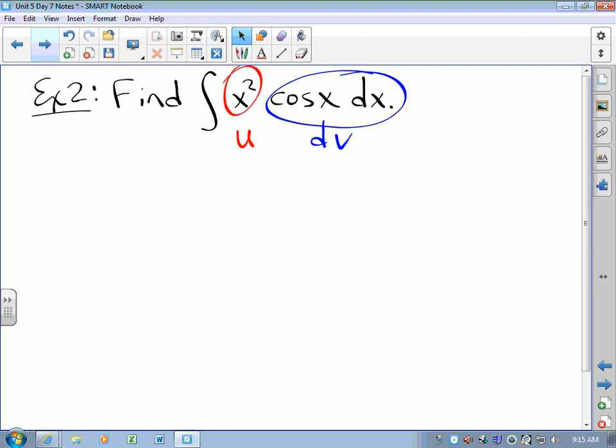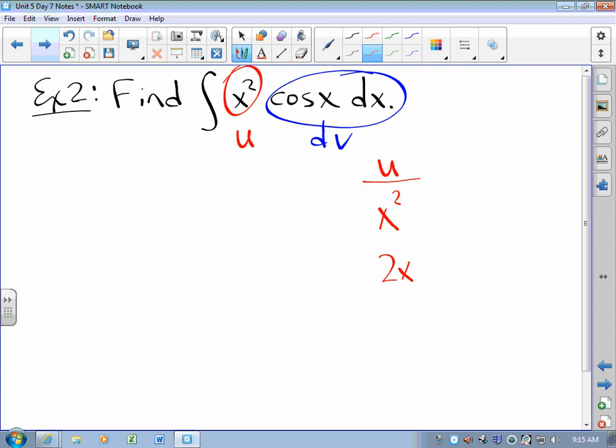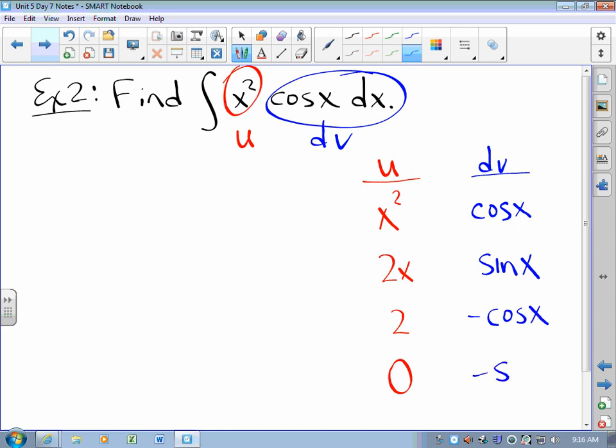We'd get an integral with a 2x something in it, and we'd say, well, I don't know how to do that, but it's better than it was before, and so we take derivatives of x squared until they run out. And then we take antiderivatives of cosine x until there are 4 things in the column: antiderivative of cosine x, antiderivative of sine x, antiderivative of negative cosine x.